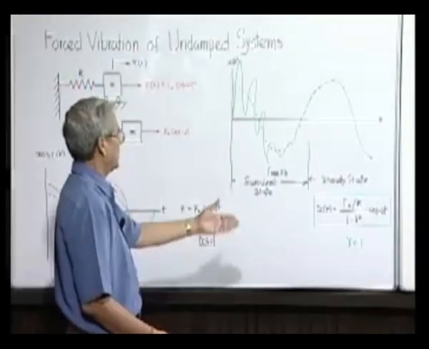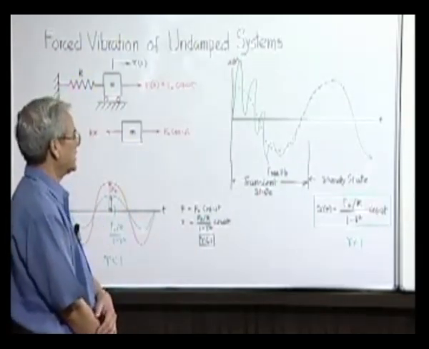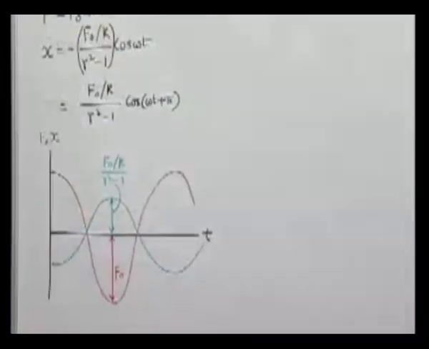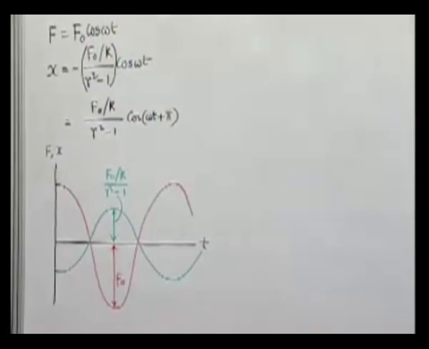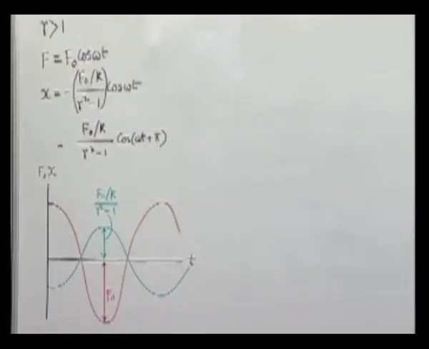So, when the forcing frequency is above the natural frequency of the system, that is R is more than 1, the response will be out of phase by 180 degrees, or pi, as indicated in this.